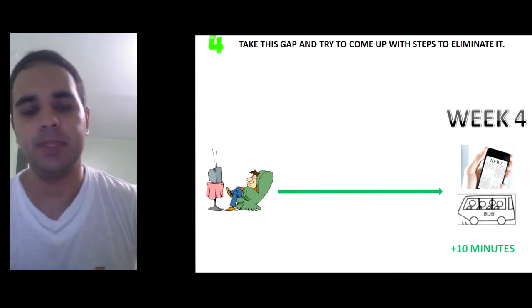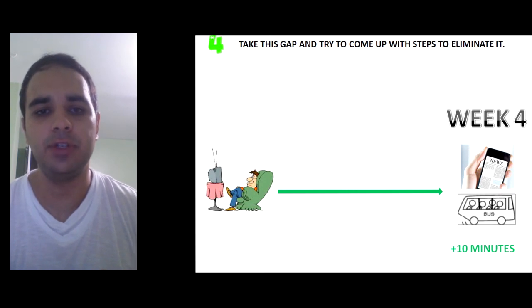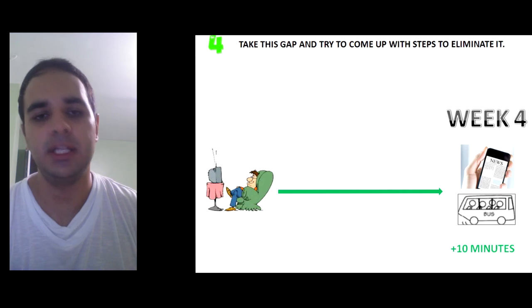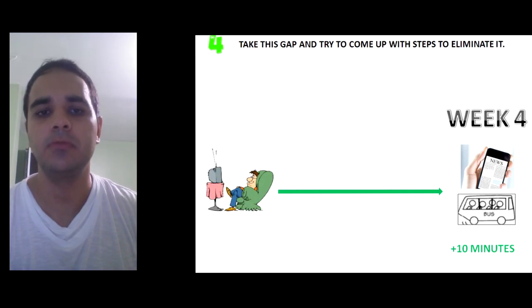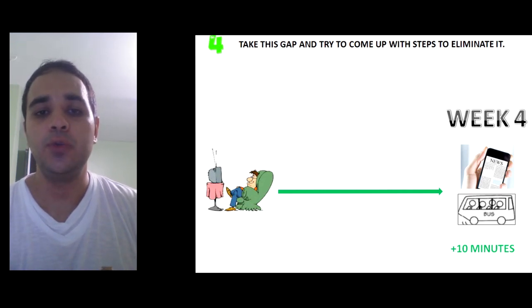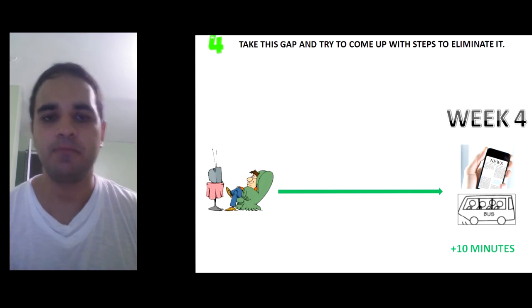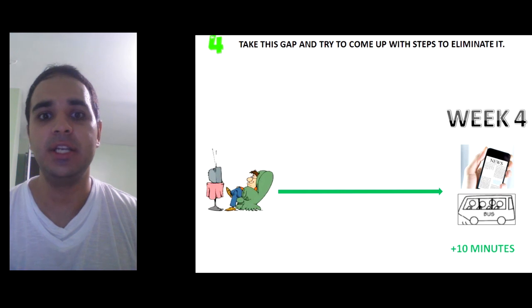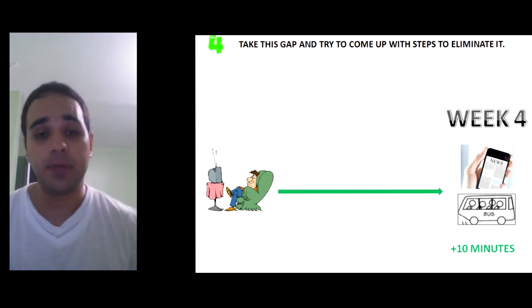Fourth week, you have another idea. In the morning, you usually watch the news on TV for 10 minutes. So you cut that activity as well, and you decide to do that in your bus trip, during your bus trip.